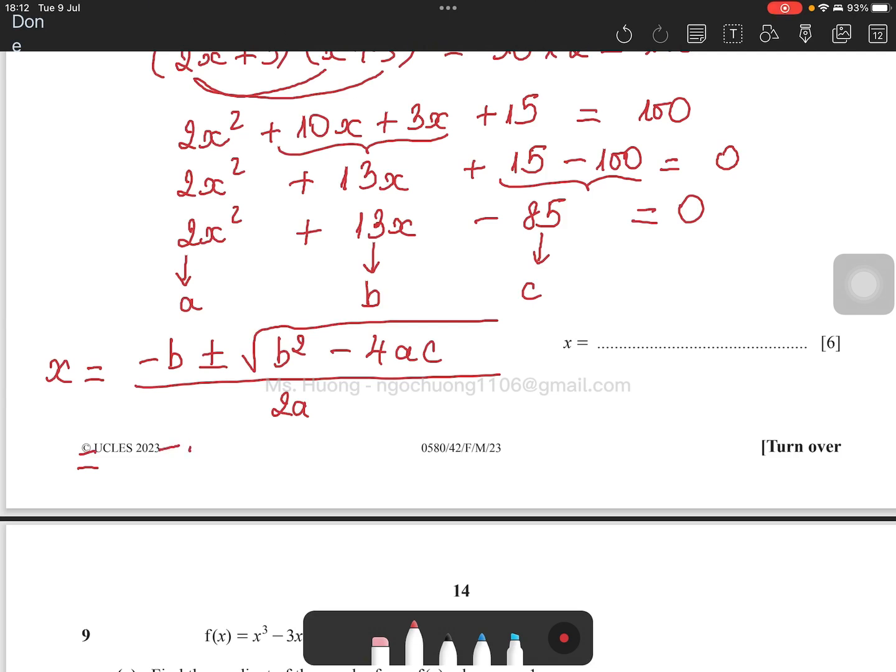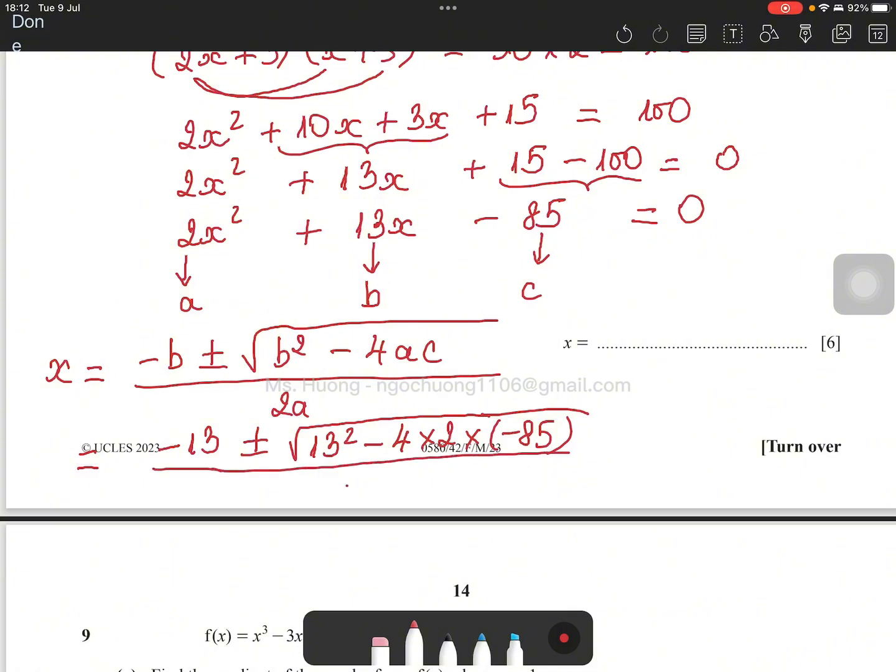Negative b means negative 13 plus or minus the square root of 13 squared minus 4 times your a is 2 and your c is negative 85. Finally, we divide everything by 2a. Your a is 2. So this is the quadratic formula, and we can use the calculator.